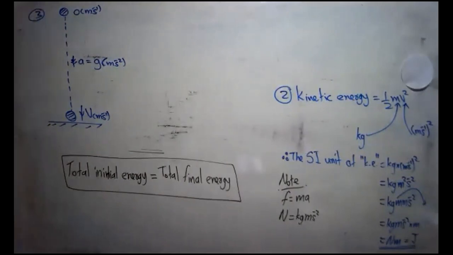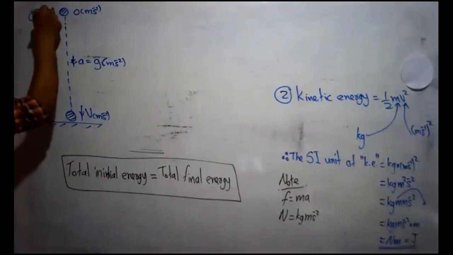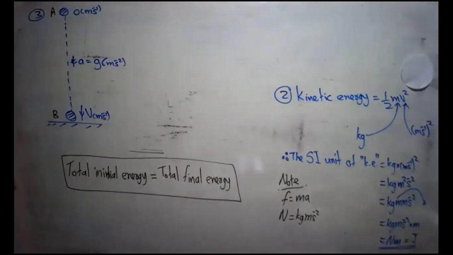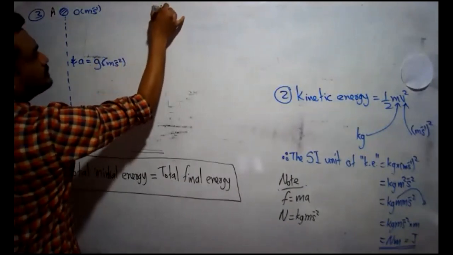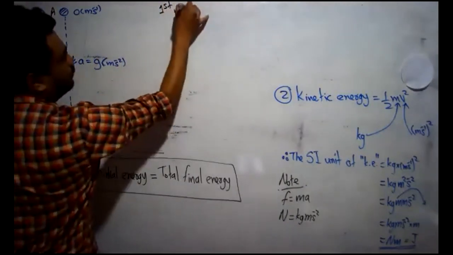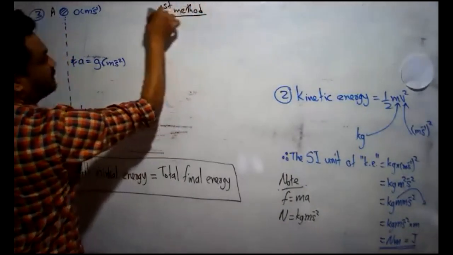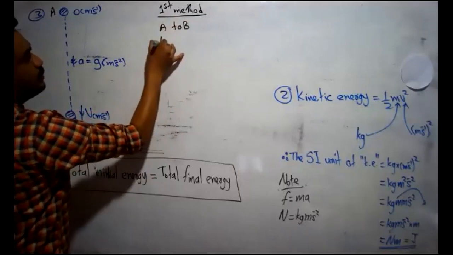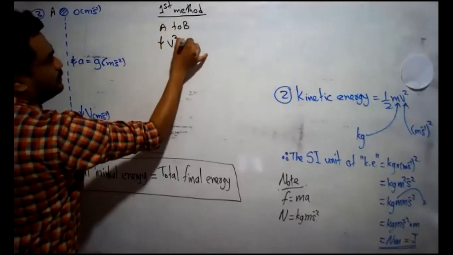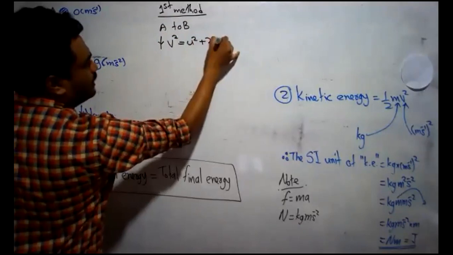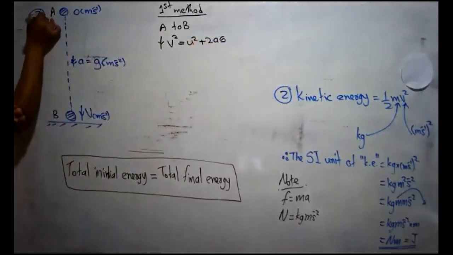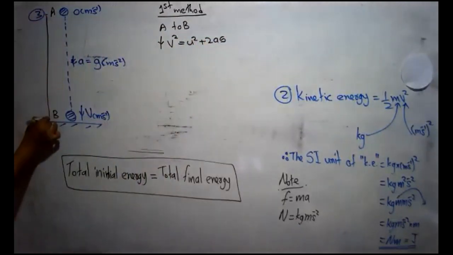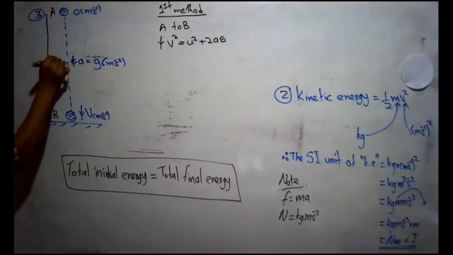Let me mark the starting point of the motion as capital A, and the ending point as capital B. So the first method is, A to B vertically downward. I can apply the equation v square equals u square plus 2as, because it is given in the question that this distance is 100 meters.